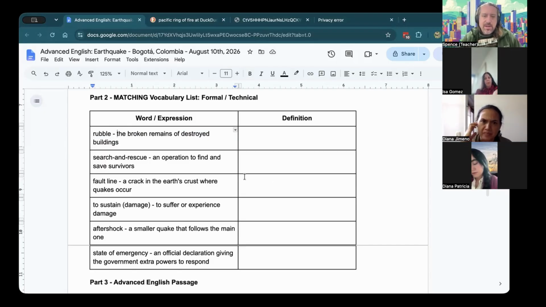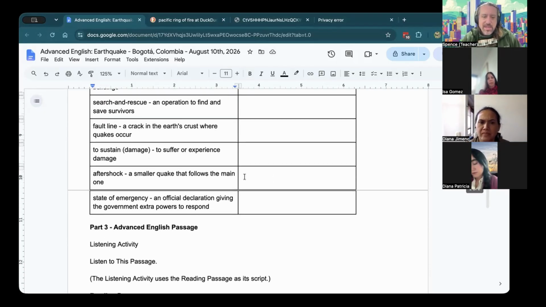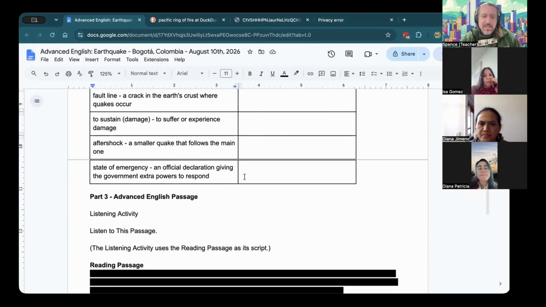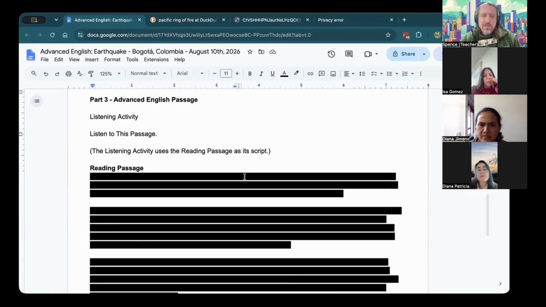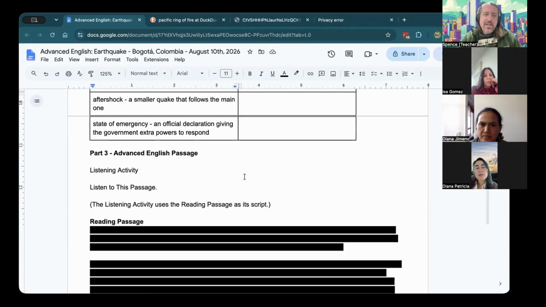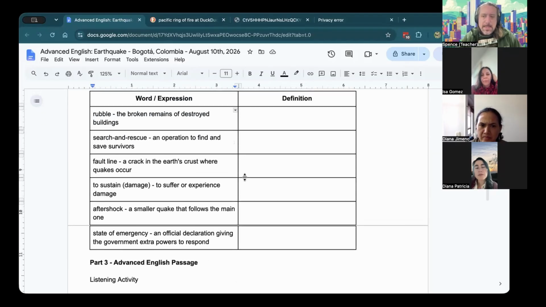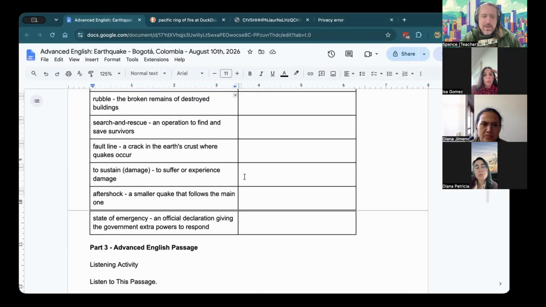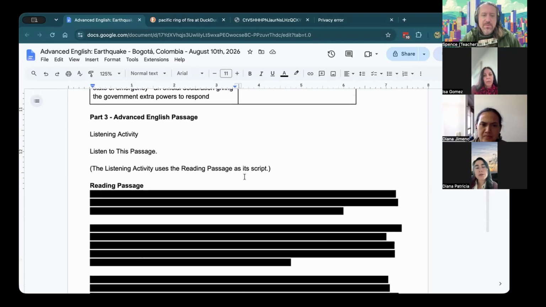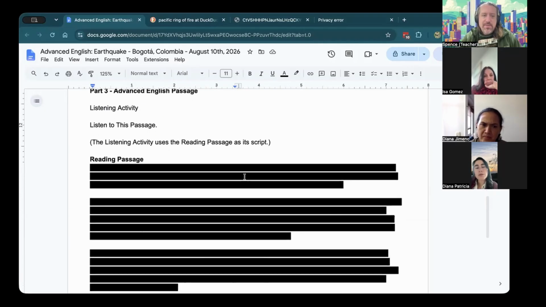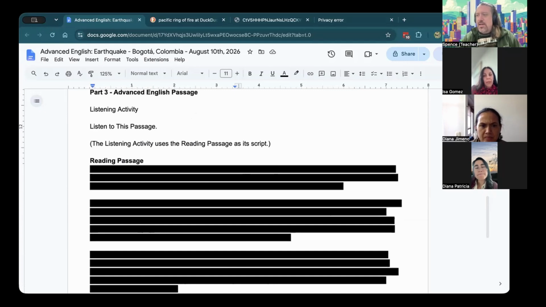Okay, so our next piece, we have a listening passage. Any other questions on the vocabulary before we move forward? No? Okay. Awesome. So the next one is a listening passage.